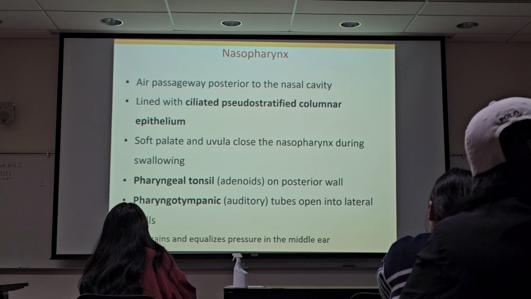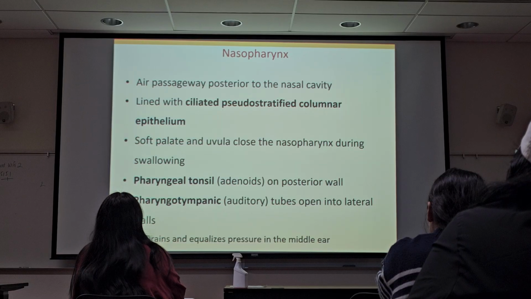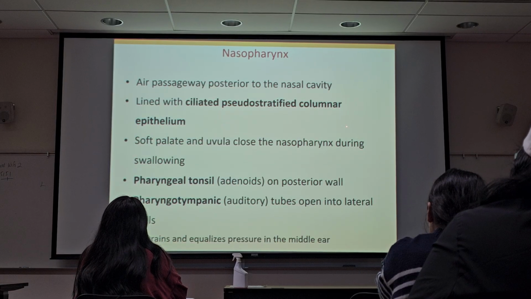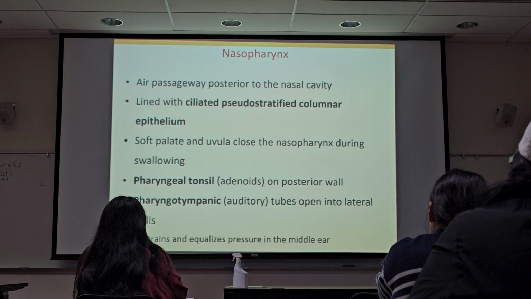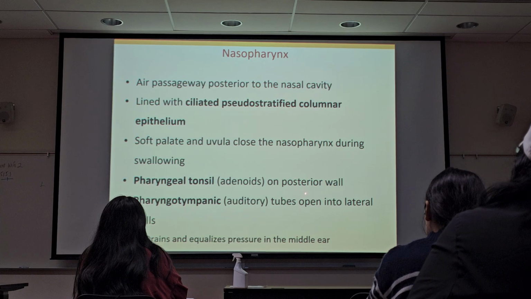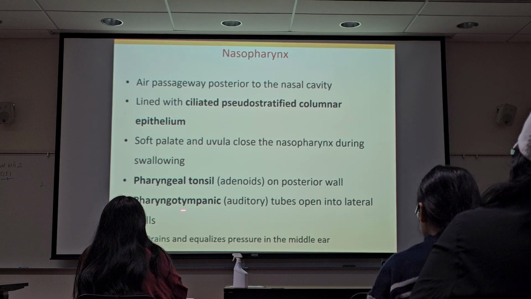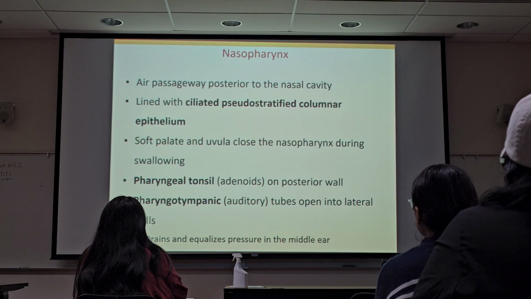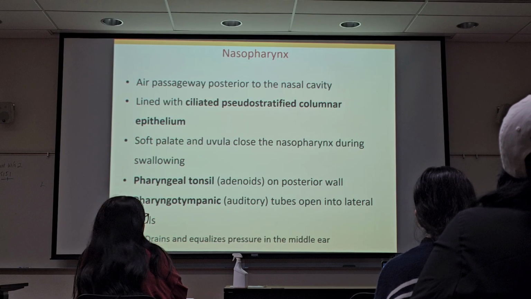In the nasopharynx itself, we still have some ciliated pseudostratified columnar epithelium. This is where we'll find our tonsils, and our eustachian tubes, the pharyngotympanic tubes coming from the ears, join here at the nasopharynx.